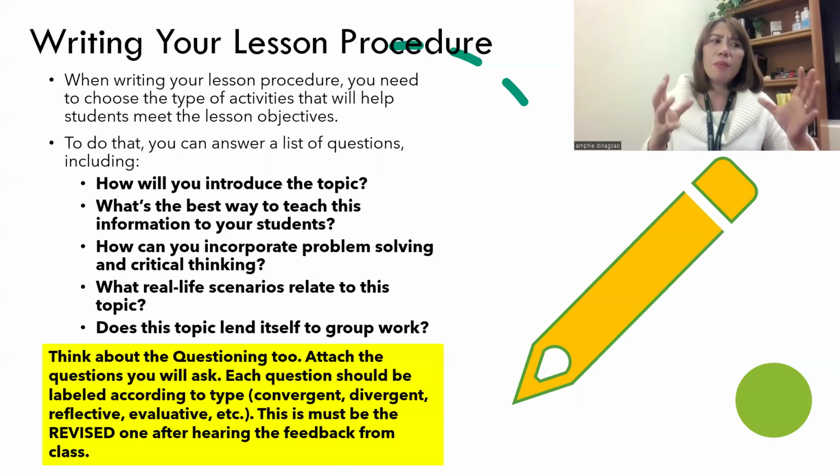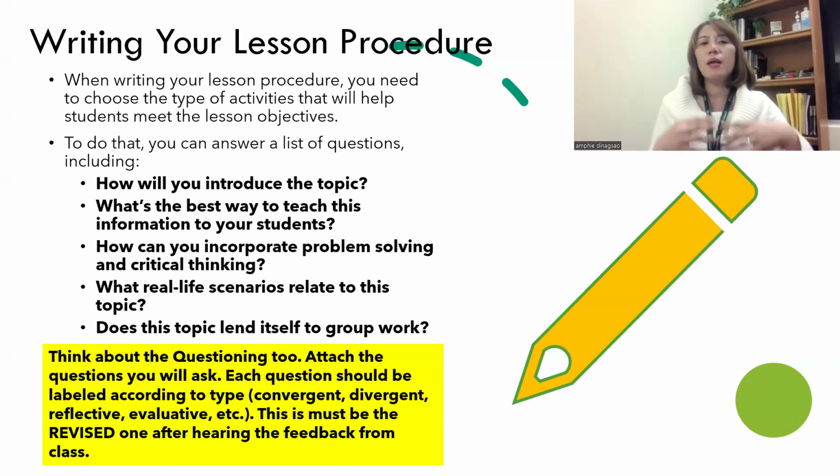If the topic is community helper, how will I introduce it? What's the best way to teach this information to your students? How can you incorporate problem solving or critical thinking? And what real life scenarios relate to this topic? Because of course, the question of the students will always be, why am I learning this? Is this relevant? Will I appreciate my learning because it is important?